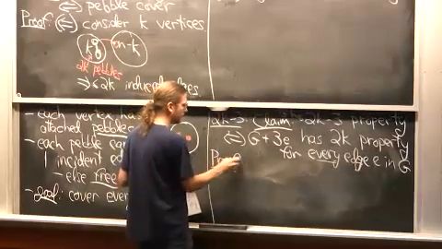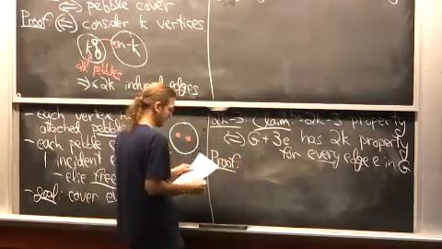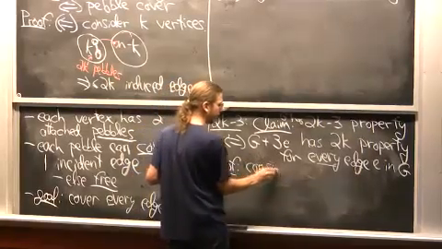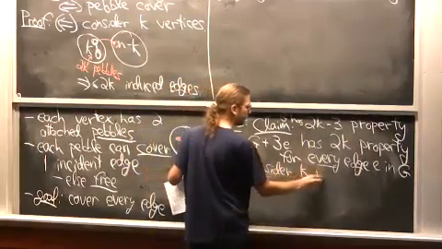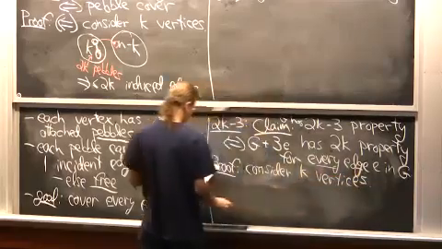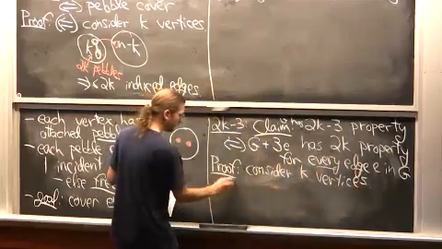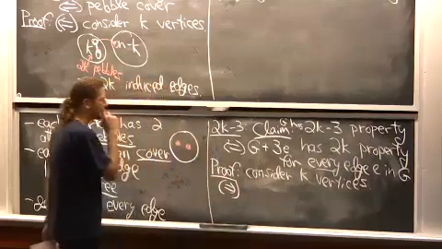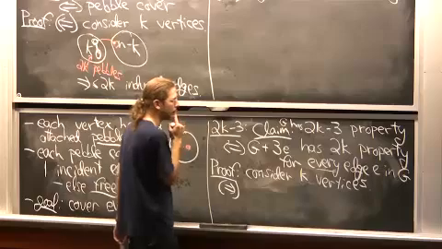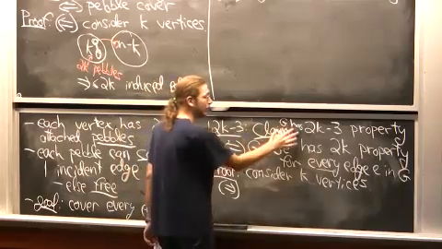Proof. Which one's easier? In both cases, I want to take k vertices. And then I'll do this direction first. Okay, so how do we prove this? First, this is actually really easy.